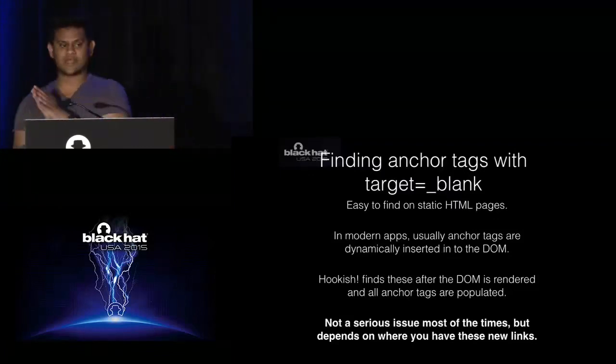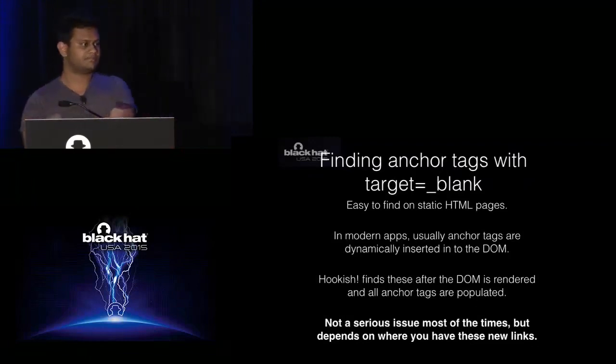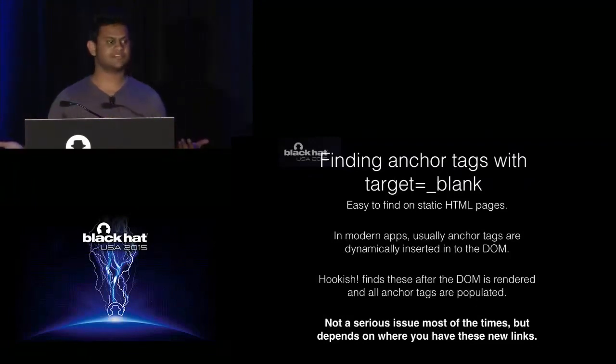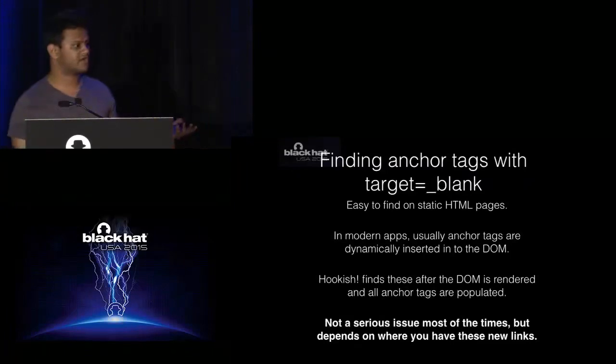So why is this interesting? When I wanted to test for these kinds of vulnerabilities, the task was basically to look into pages and find the links which have target equals underscore blank and don't have rel equals noreferrer.